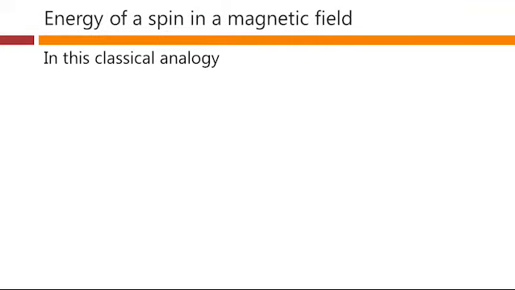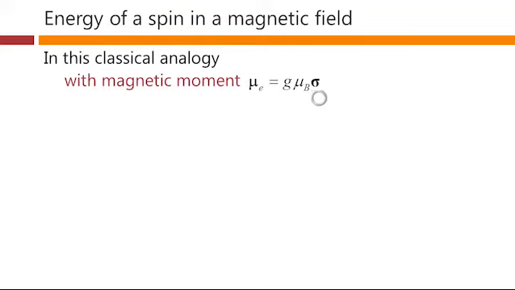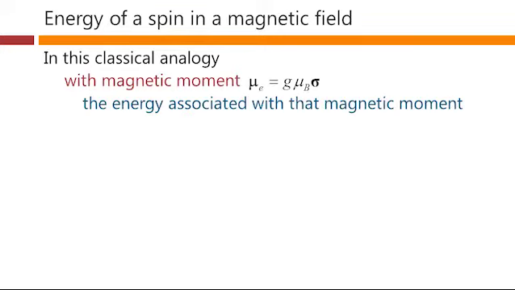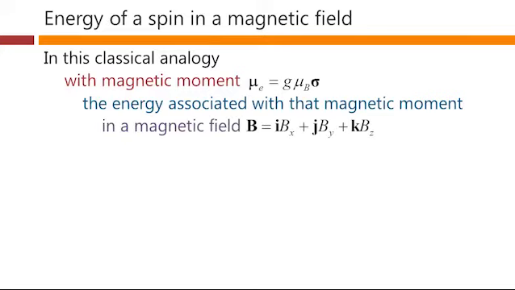In this classical analogy, and it's only an analogy here, the energy associated with that magnetic moment in a magnetic field, written out here in terms of its components in the x, y, and z directions, would simply be this energy, mu dot B, and that would be this term here.